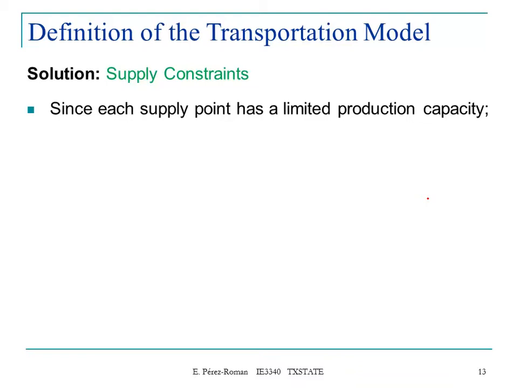So remember, i is the plant, j is the customer. So if you're writing a constraint for a plant, your i should stay the same. So would this be for plant 2? Yes, but you don't have to specify the cost. So it will be this. Would this be for demand?